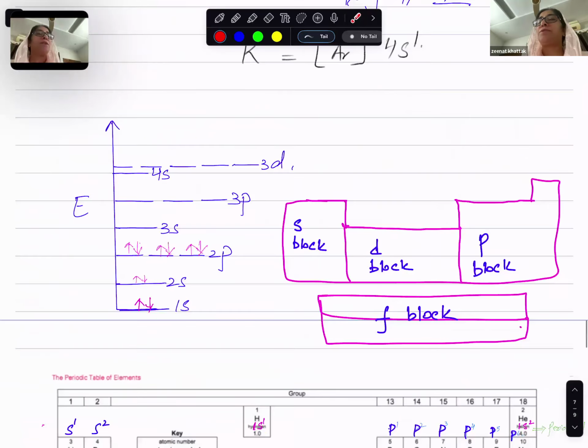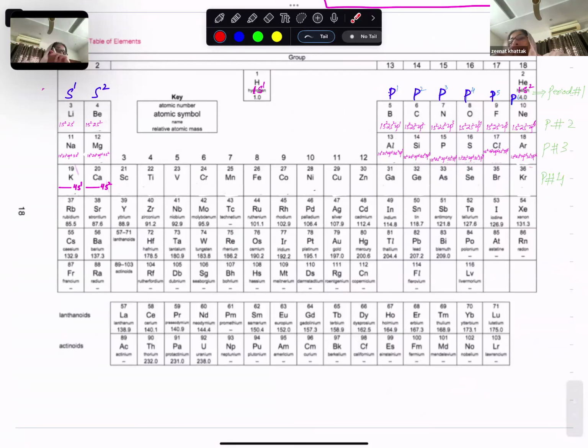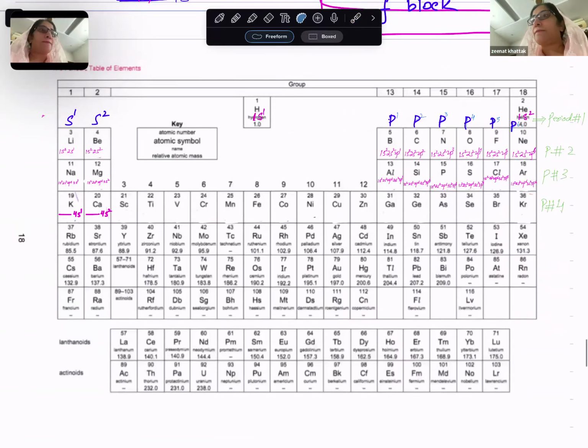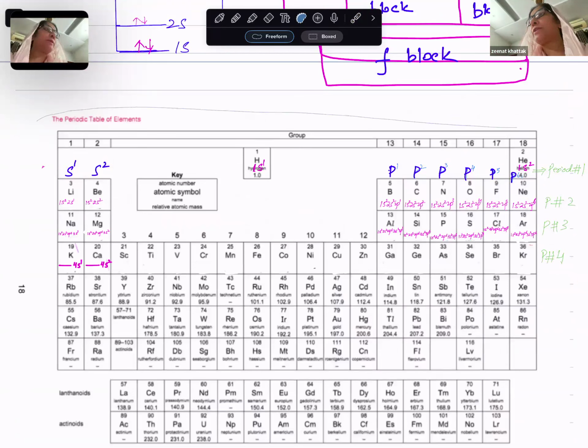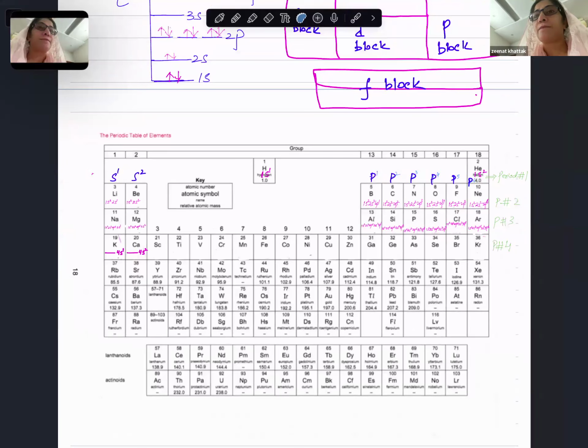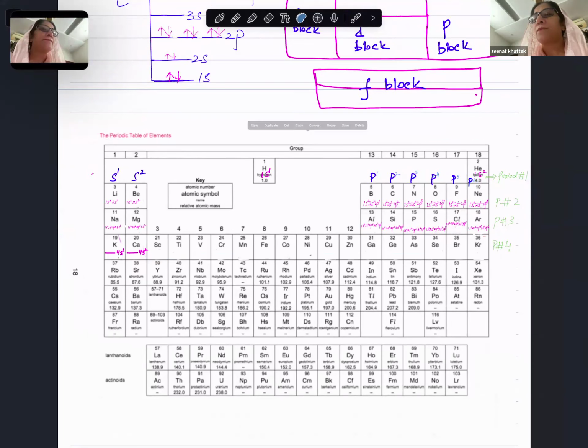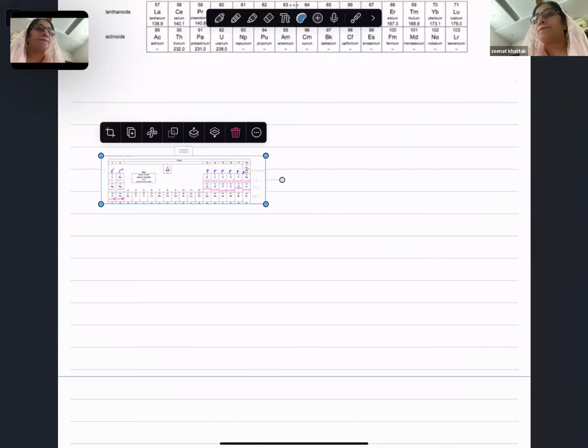How? Look. So what I'm actually doing, I'm cutting this much part of this periodic table. Yes, this much.